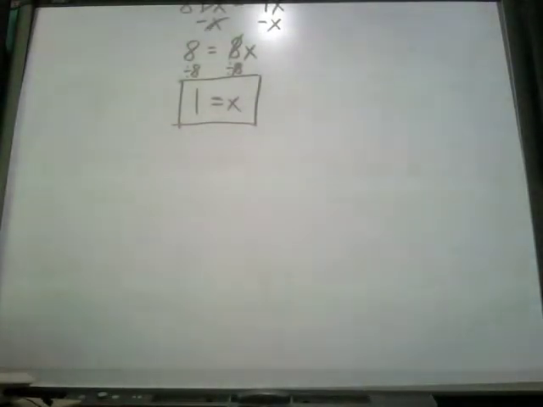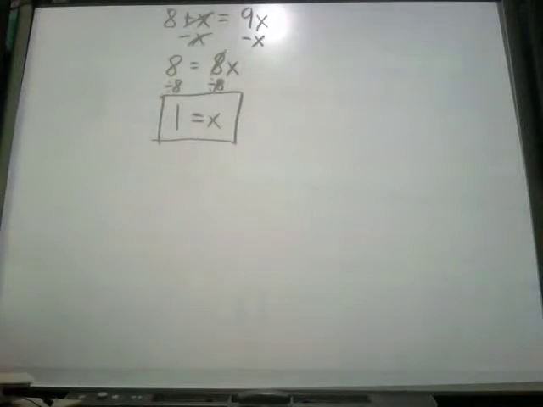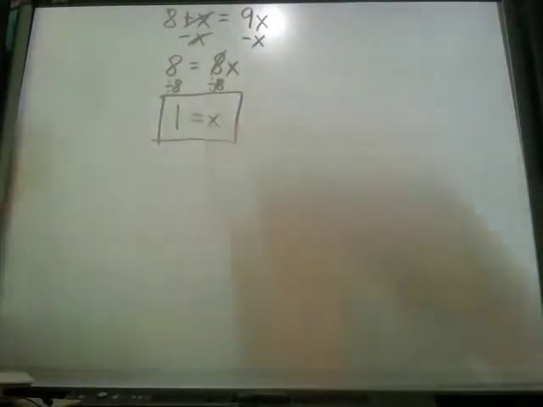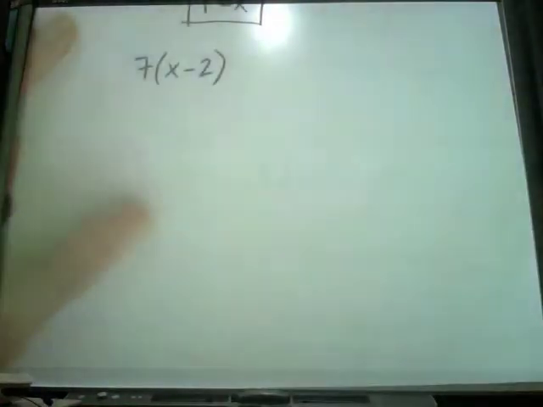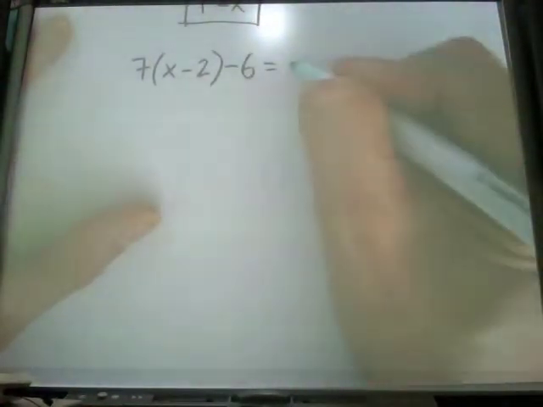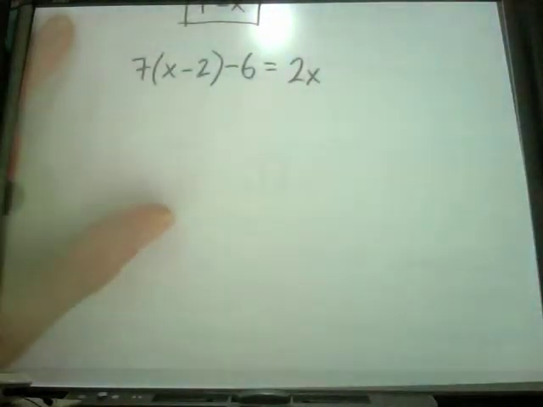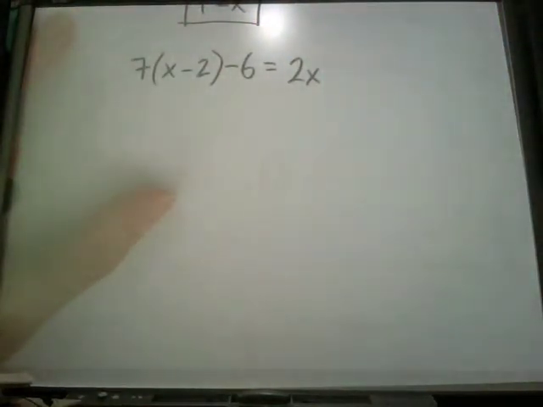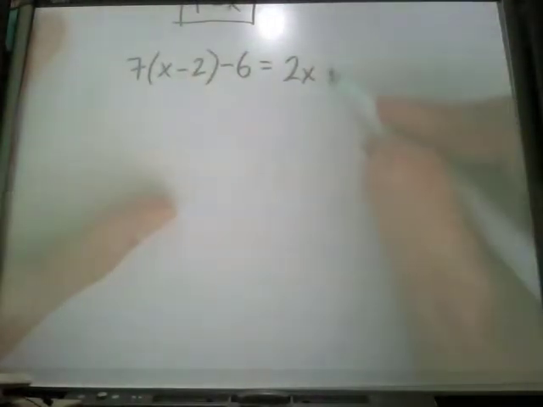Okay, last example. Let's add in the distributive property. Yay! Last example, 7 times the quantity x minus 2, parentheses, minus 6, equals 2x plus 8 plus x.